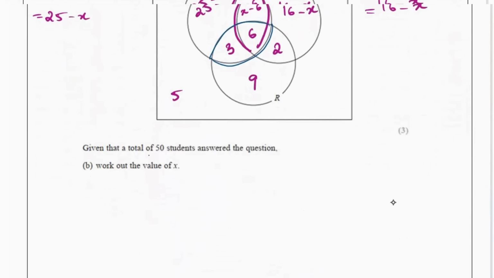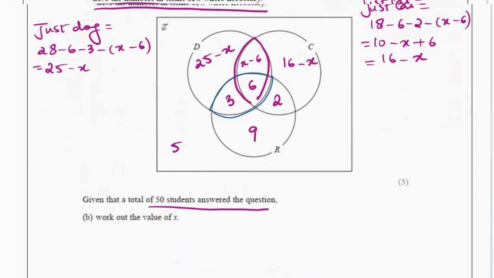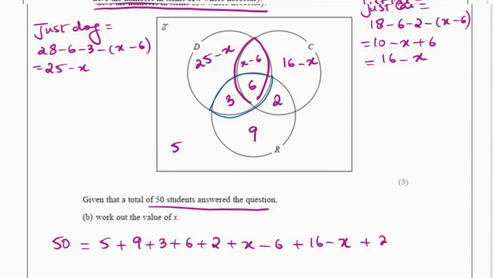Given that a total of 50 students answered the question, work out the value of X. So 50 would equal the sum of all of these. So 5 plus 9 plus 3 plus 6 plus 2 plus X minus 6 plus 16 minus X plus 25 minus X. We don't write the common regions twice, we only write it once.